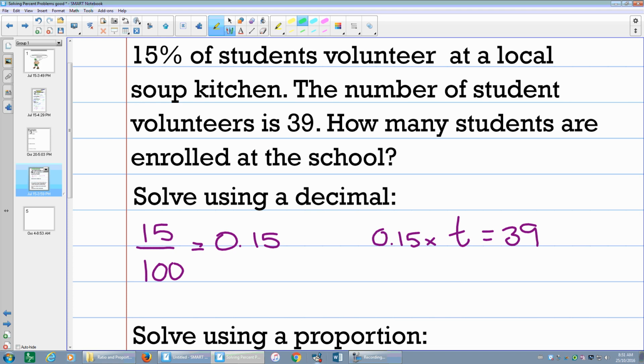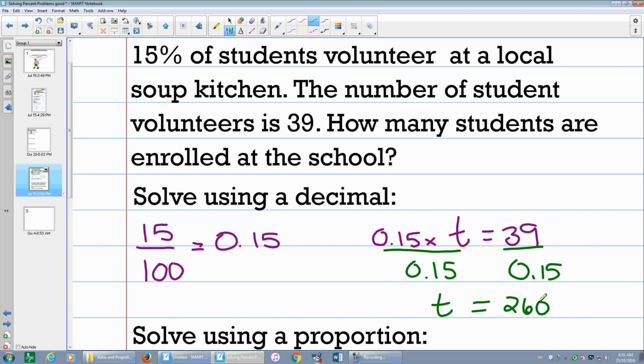So to reverse it, and you may remember this, we're going to talk about this a little early on. I'm going to give you some different ways to do this, so you don't have to do it this way. I can divide here by 0.15, and I can divide here by 0.15, and t is equal to 260.